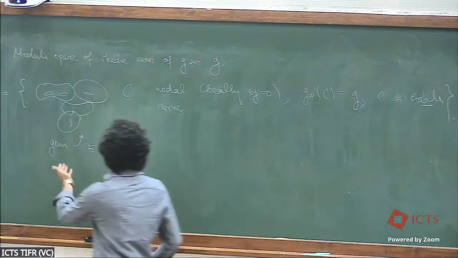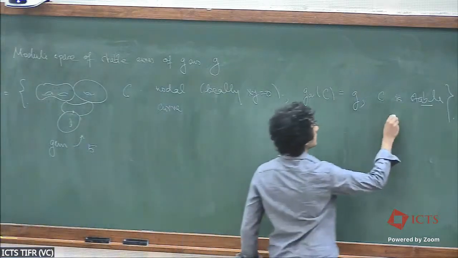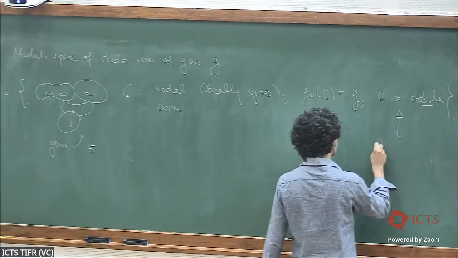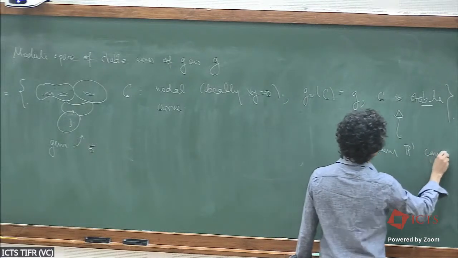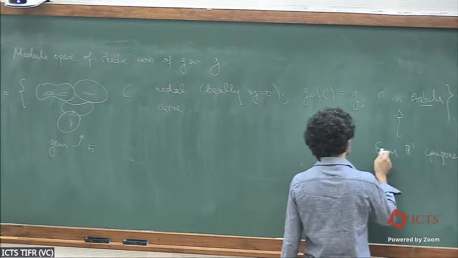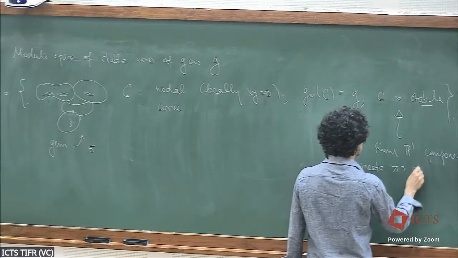C is stable just means that the object has finitely many automorphisms. Okay, so what that means in practice is just that every P1 component, so every component that's a Riemann sphere, meets at least 3 other components.